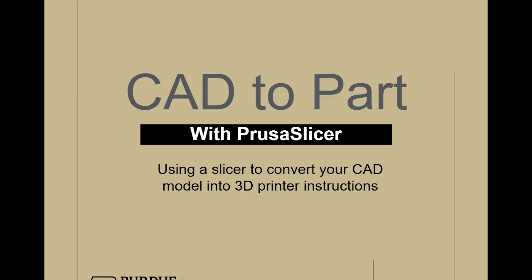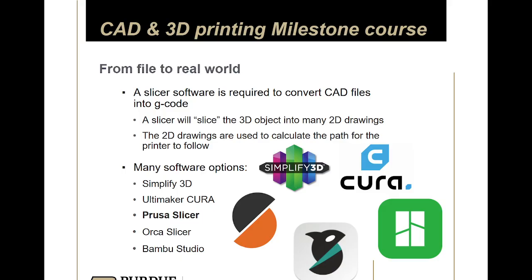Okay, so now that you know some of these settings, we're going to download a slicer, which is the program you use to convert your 3D models into G-code, which is a set of instructions for the printer to follow. Today we're going to be downloading a program called Prusa Slicer. It's an open source program, but there's a bunch of slicers out there.